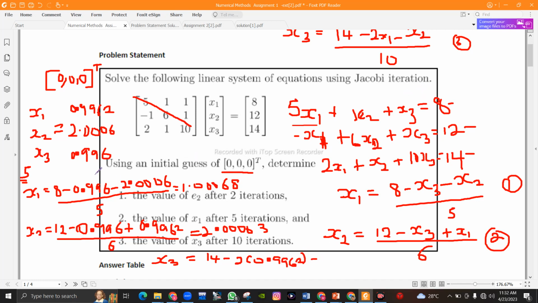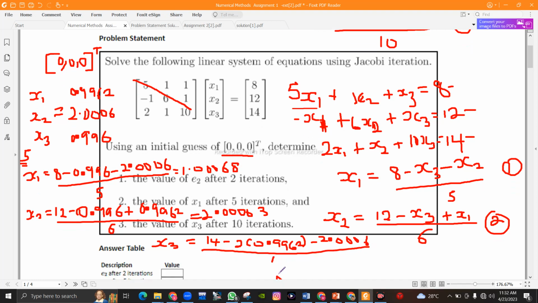What's our x2? 2.0006, then divided by 10. If you calculate this, our x3 should be equal to 1.0007.